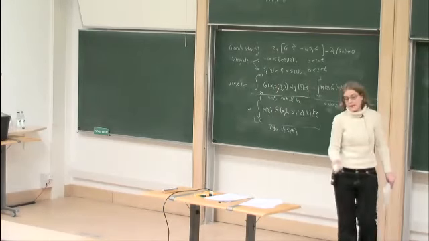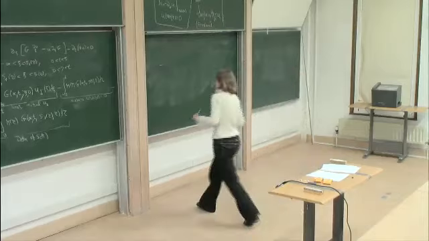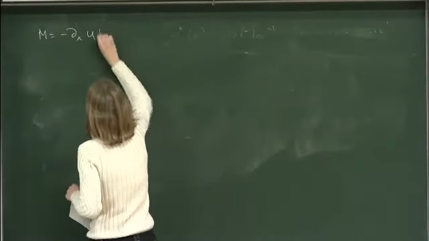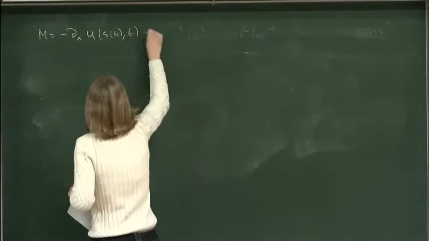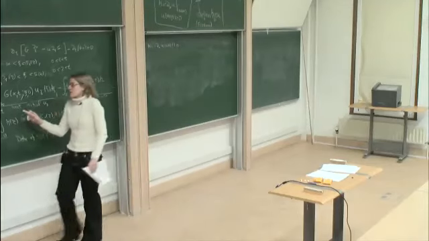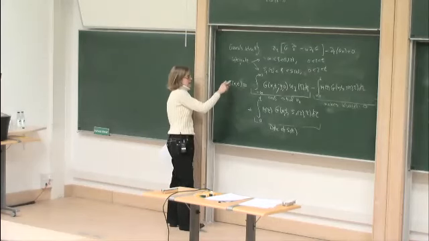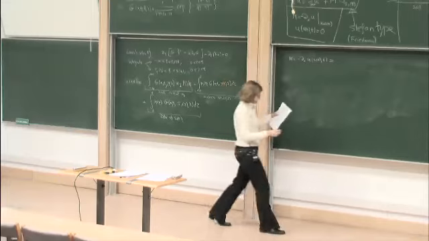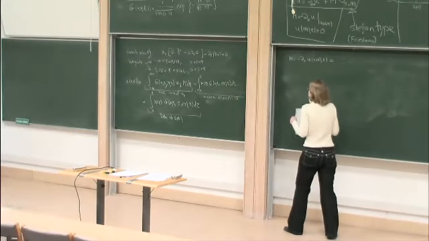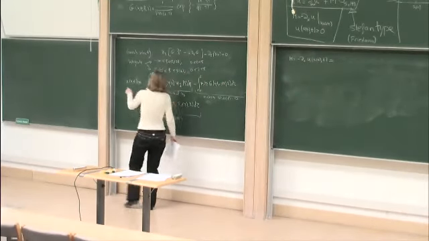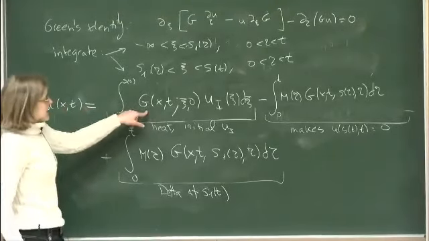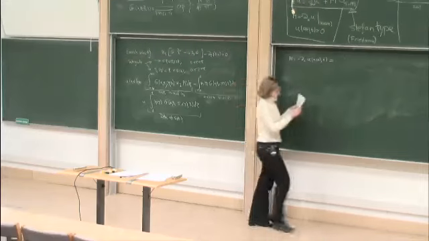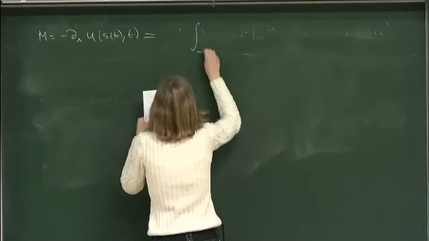Let's write an equation for m that is going to be much simpler. I remind you that m was minus the derivative of u at the free boundary. So take this formula, differentiate with respect to x, and evaluate at the free boundary s of t. Because this is after all a convolution, I'll put the derivative on the Green's function, so I end up having something like this.